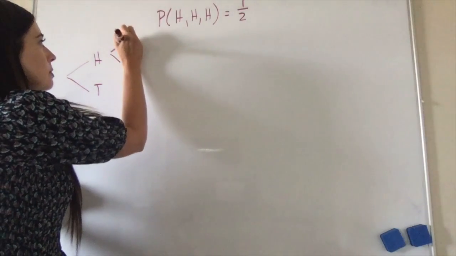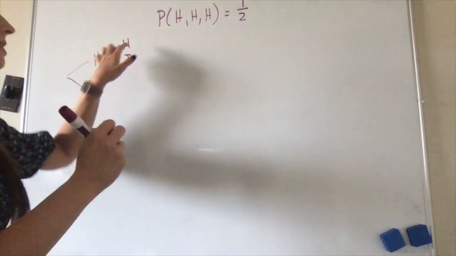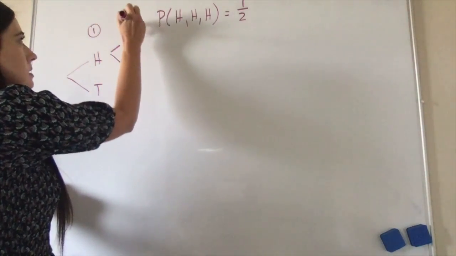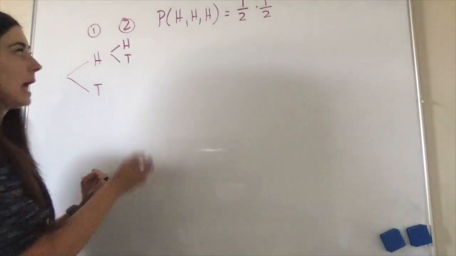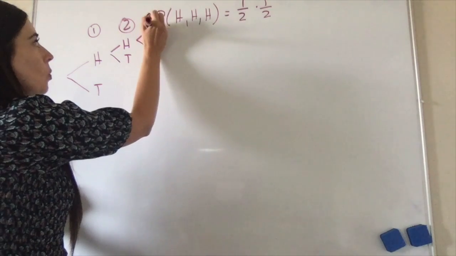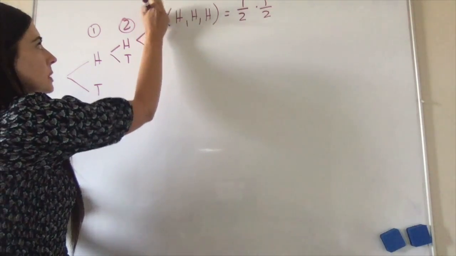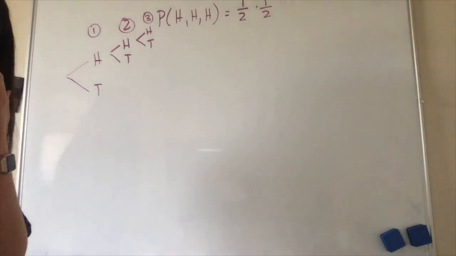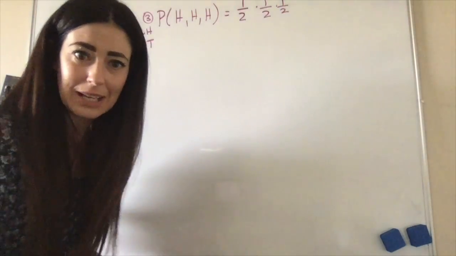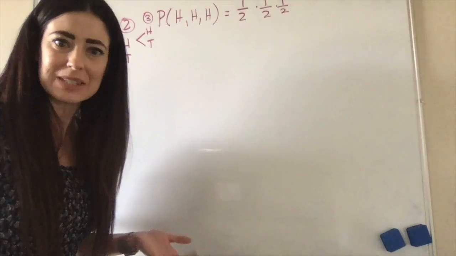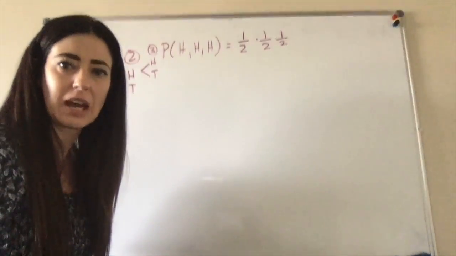Now, what's the probability of me getting heads on the second toss? This is 1, this is 2. Again, it's 1/2, right? And now we're going to just stick with the heads. What is the probability of me getting heads on the third toss? It's still 1/2, okay? So are you seeing a pattern? Every time we're talking about flipping coins, it's always going to be 1/2 times 1/2 times 1/2.